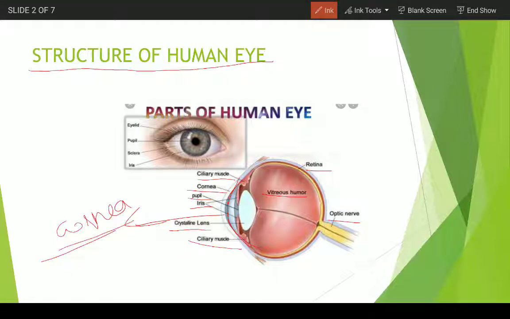So what is the function of the cornea? The cornea is transparent. That means we can see through it very clearly. It allows the passage of light, and it protects the interior of the eye, that is the inner part of the eye, and it refracts the light. That is, bending of light takes place.